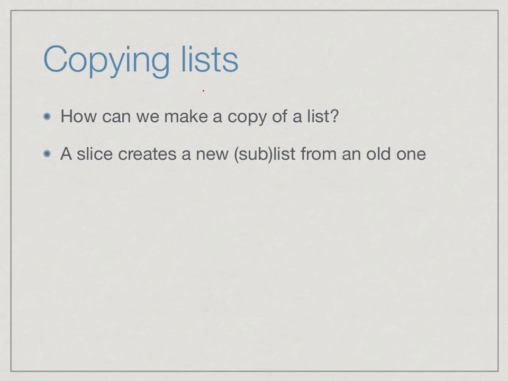Recall that a slice takes a list and returns us a sublist from one position to another position. The outcome of a slice operation is actually a new list, because in general we take a list and we will take a part of it from some intermediate position to some other intermediate position. So obviously the new list is different from the old list.